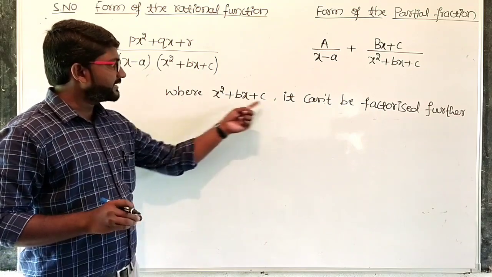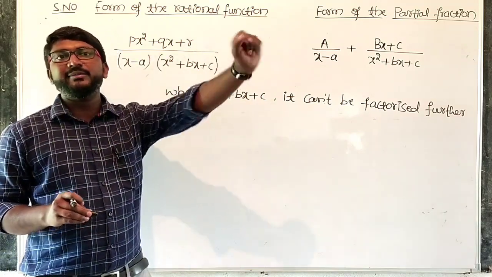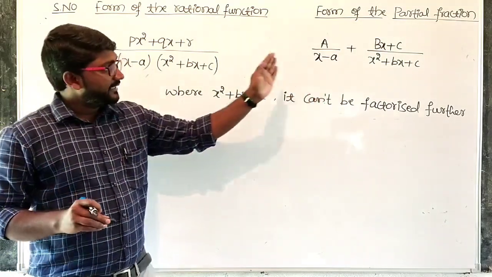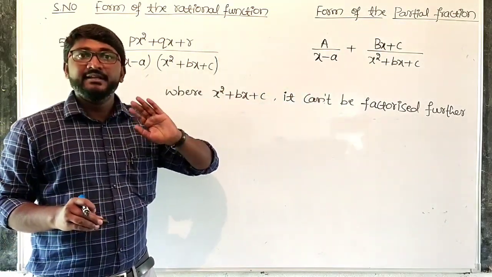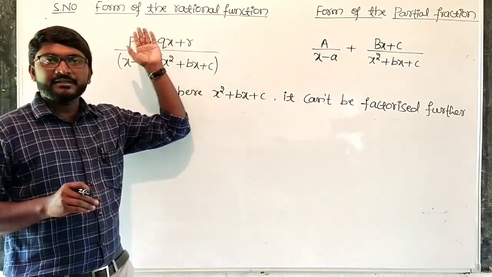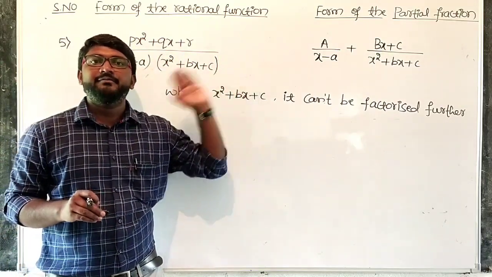So only in this case, whenever you have a quadratic polynomial in the denominator and it cannot be factorized further, then we go for this case. In case it is able to be factorized, then we take any one of the four standard forms.